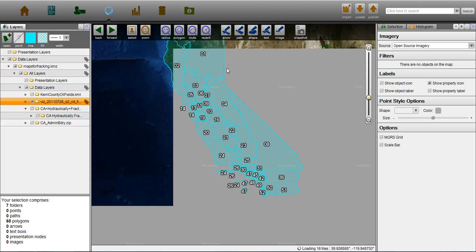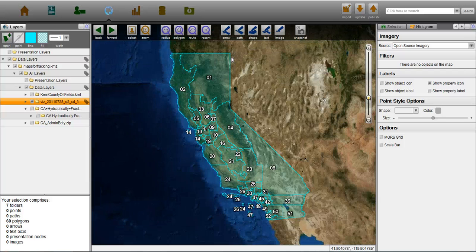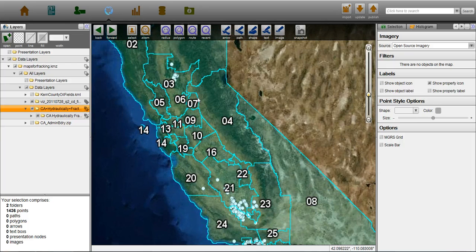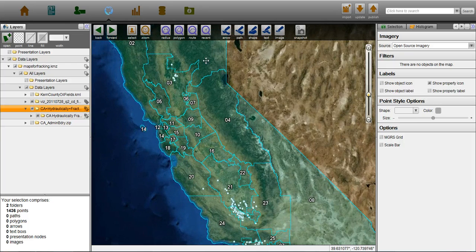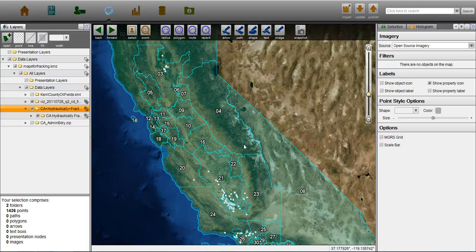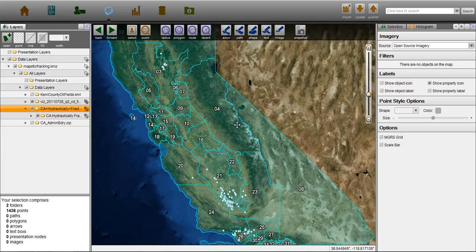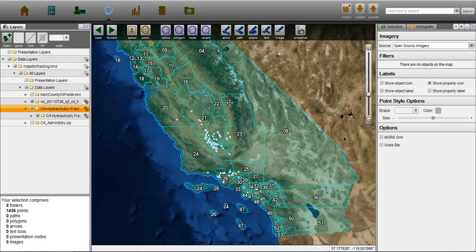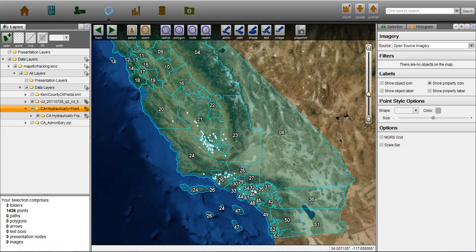Let's take a look at our natural resources, our oil and gas. So here are current fracking locations. So we can see fracking happens in the 3rd district, in the 1st district, in District 20, 21, and 22, 26, 44, 47.